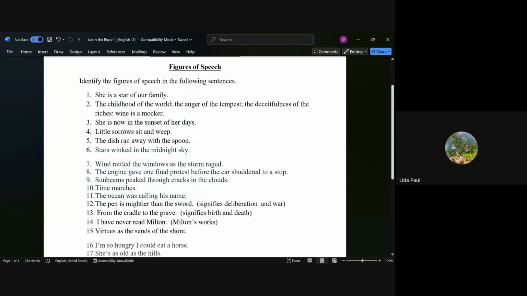So the first one is: she is a star of her family. What do you think would be the figure of speech in this? There could be sometimes one, or sometimes more than one as well. So the first one, what do you think it is? She's a star of her family.